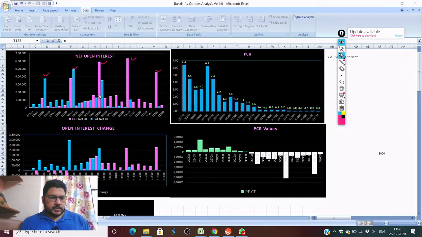So you can do a lot of strangles like this with the highest open interest by hedging it with a calendar spread. For example, if you are doing a 31,000 call sell and a 30,000 put sell, then you buy the same strike for the next month. Let me show how to do that.